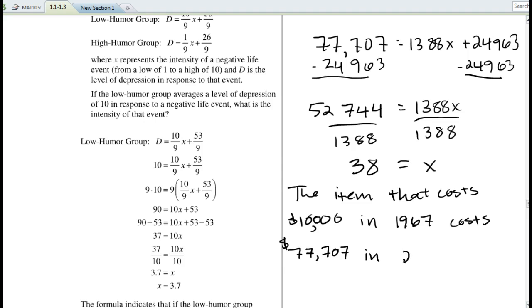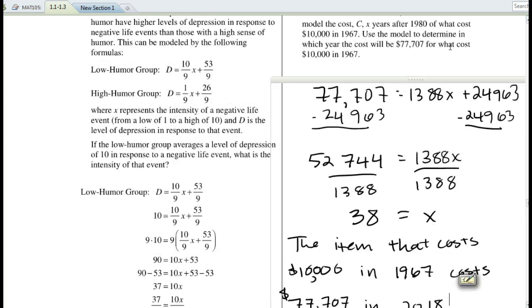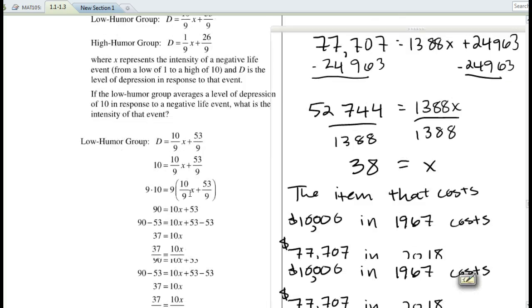So in 2018. Remember, that's 1980 plus 38. That's in the problem, it told us right here, x years after 1980.